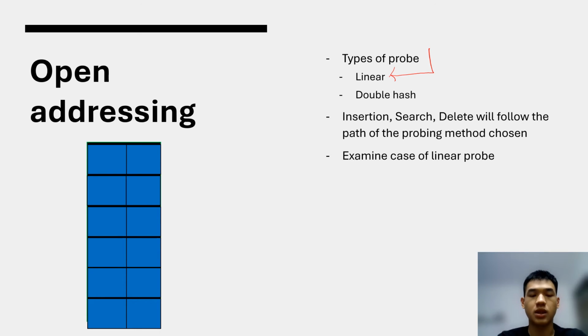So given this hash table here, I have 1, 2, 3, 4, 5, 6 slots, so the size of my hash table is 6. Let's say the hash function that I'm applying, meaning when I want to get my hash value, does this arithmetic: key mod size of the hash table, so key mod 6.